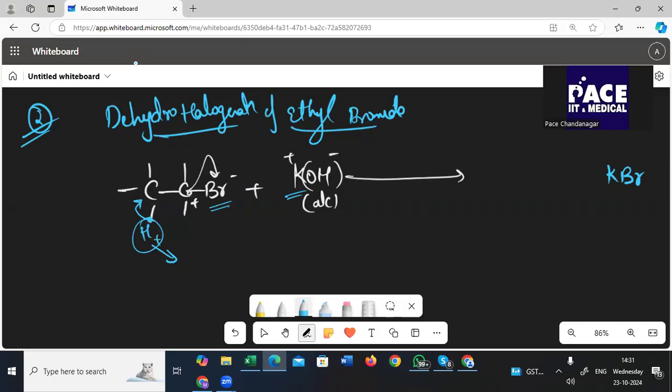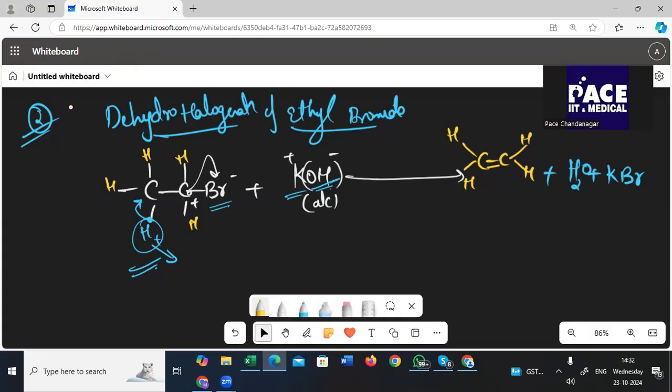This H plus and this OH minus turn out to be your water molecule. Then we are left with 2 carbons and 4 hydrogens, and the bond becomes a double bond. So what has happened just now? Halogen got removed and hydrogen also got removed, so we call it dehydrohalogenation.